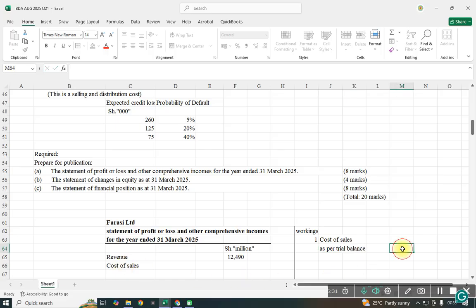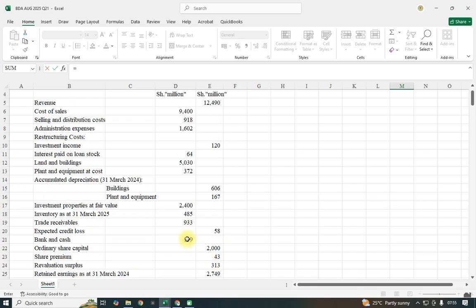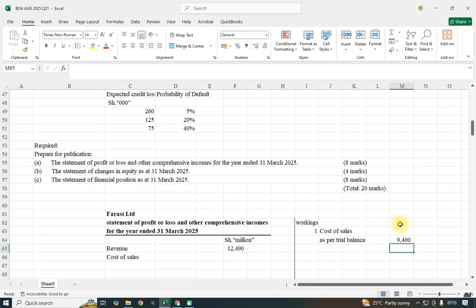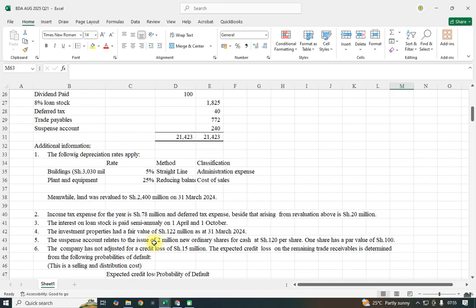As per trial balance, the value that we had for this one was 94, and remember that they are in million. What we are adding is the depreciation of plant, which is 25% on reducing balance, classified as a cost of sales.